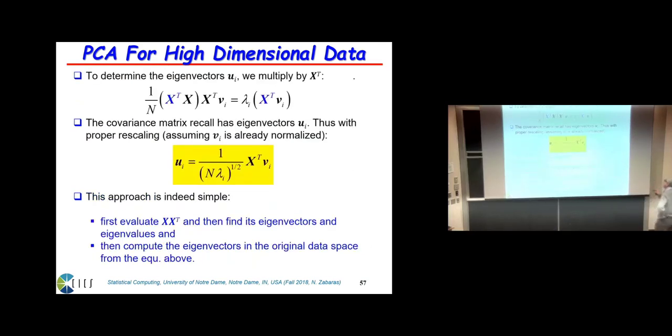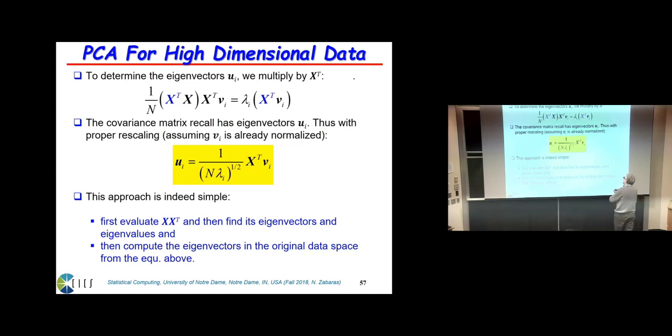So if you compute these eigenvectors v, you can normalize them. You can solve from the equation that we started with that the actual eigenvectors of interest are given by this nice equation. You just have to multiply.